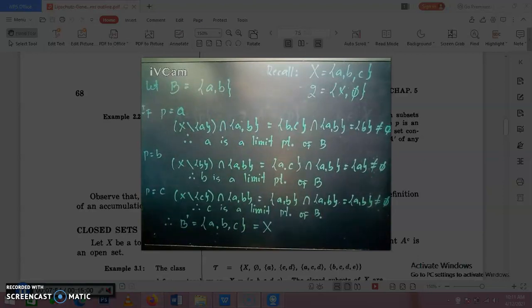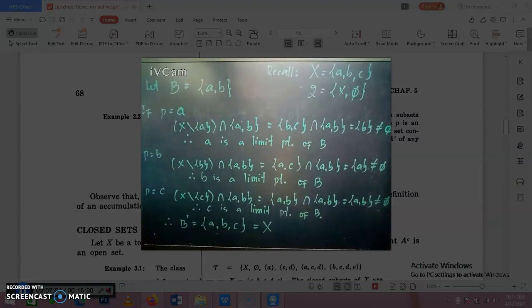The deleted neighborhood of A is the set BC. Intersection with B is the set B, which is not empty. The condition is satisfied, therefore A is a limit point of the set B.